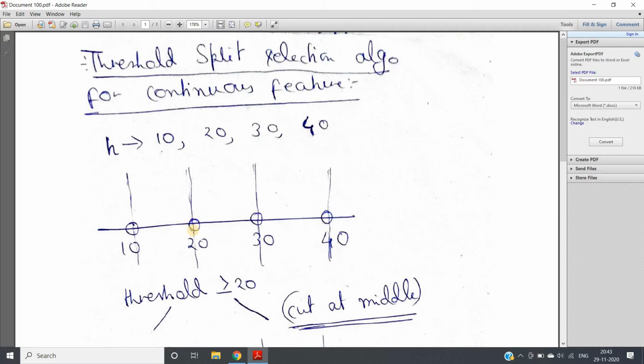Now the problem is that, see, suppose when we are making a cut on the value 20 and calculating error on the left and right hand side, at that time we are getting the minimum error. That may be a classification or regression problem. The problem is that for this 20, at this particular point some training data is present, right?